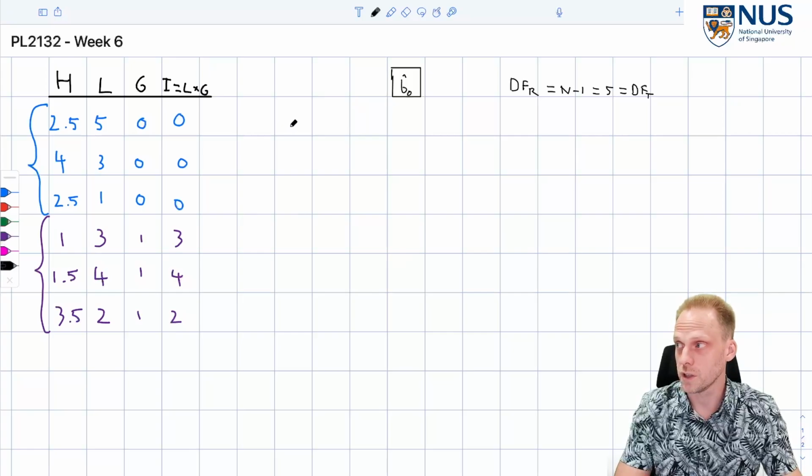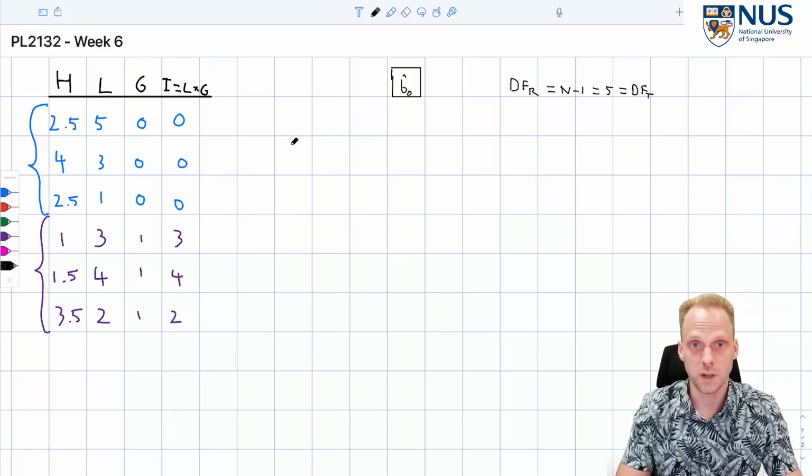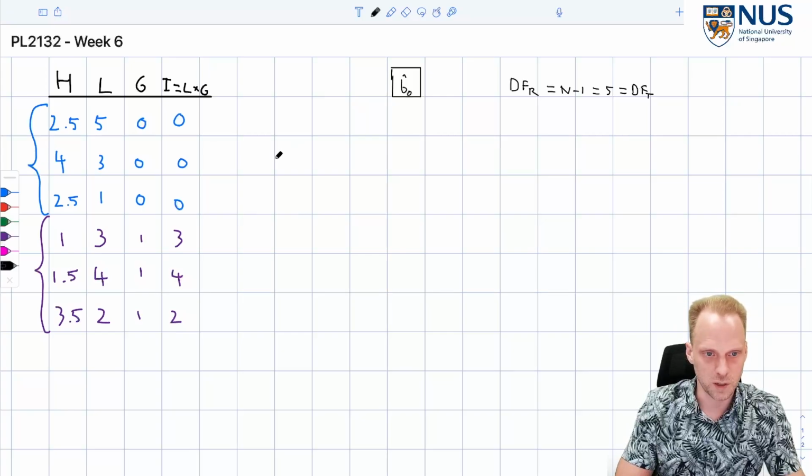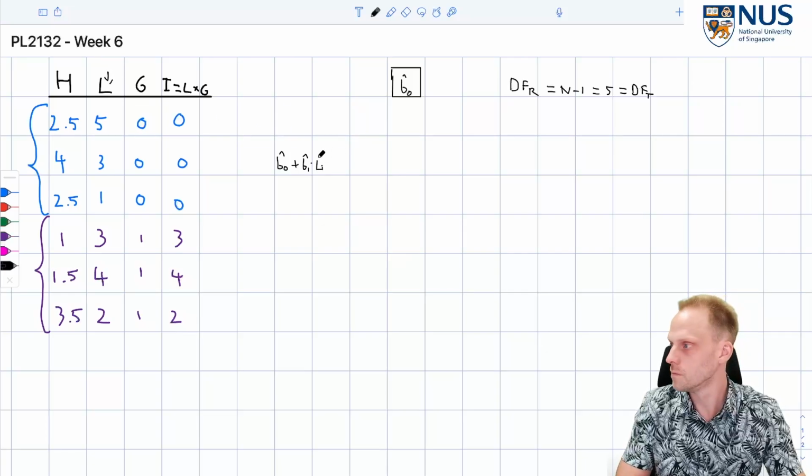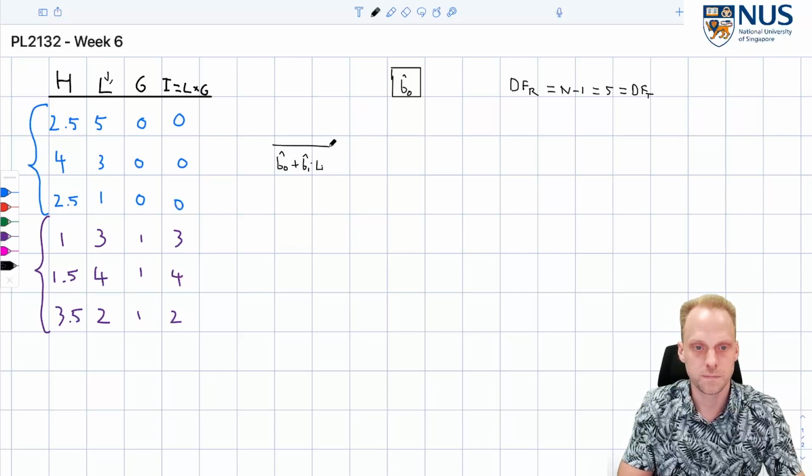Now, we can also think of some different models that are a bit more complex. For example, we can form a model where we have an intercept plus a regression on loneliness, this predictor here. I'll draw a box around this.